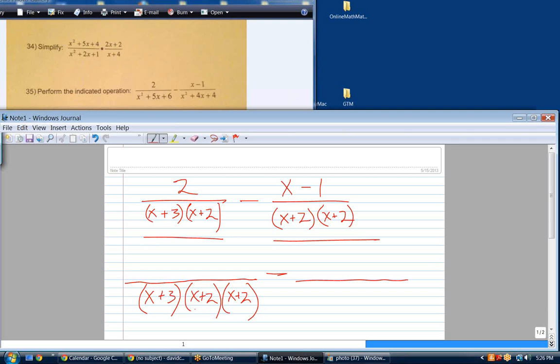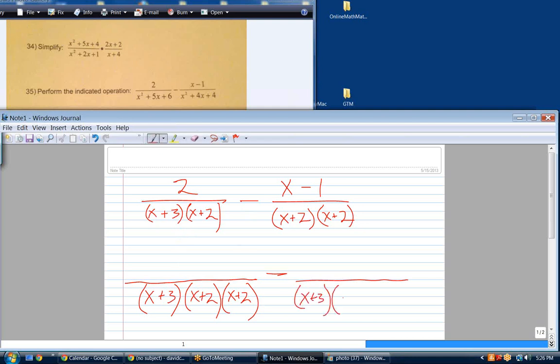Otherwise, I would have an x plus 2 cubed. And I don't need to do that because this is a lower common denominator. And I know this works because this divides into it evenly and this divides into it evenly. So I know that that's going to be my common denominator.